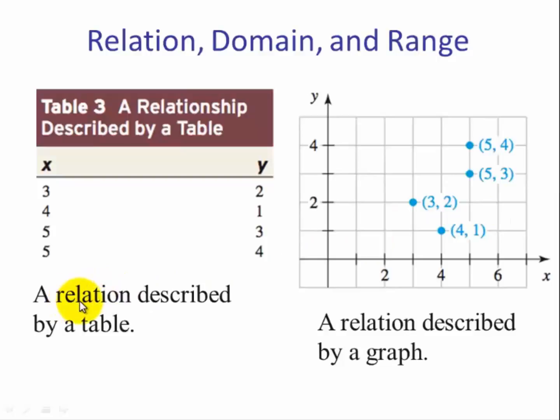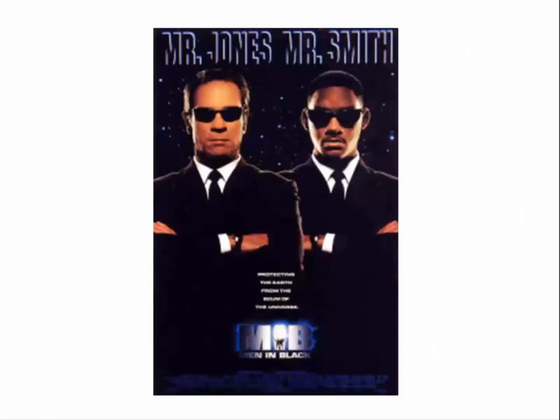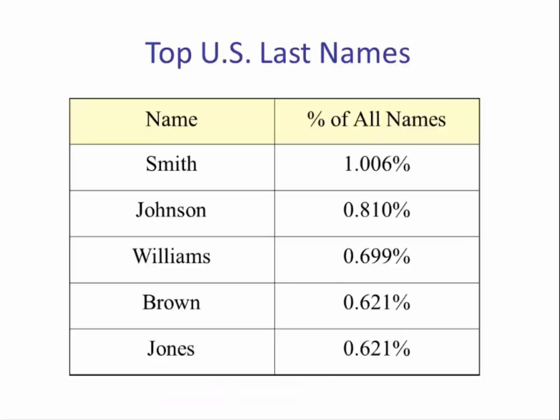Here's an example of a relation described by a table, and here's an example of a relation described by a graph. This is a poster from the movie Men in Black. Of course, this involves Mr. Jones and Mr. Smith. So we're going to look at a relation involving last names. So these are the top U.S. last names.